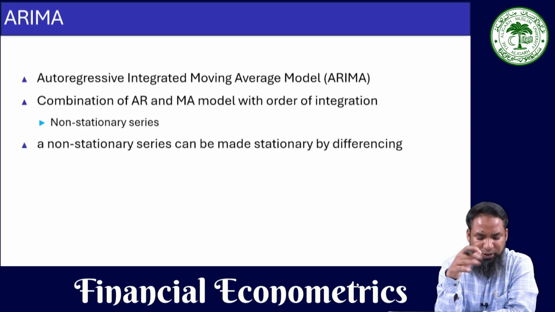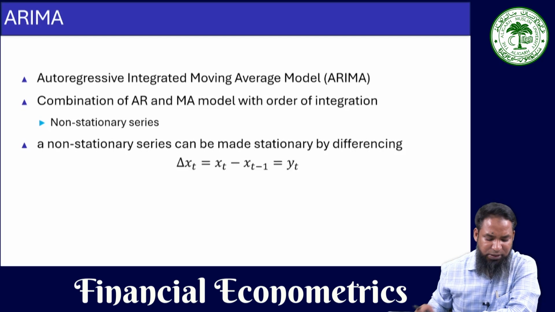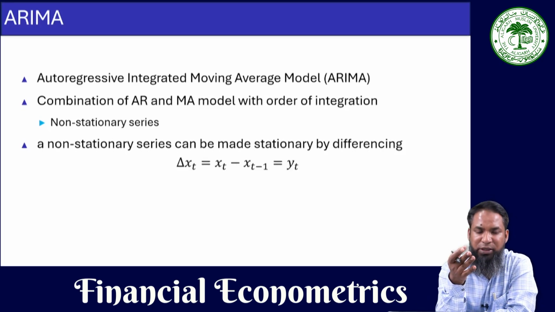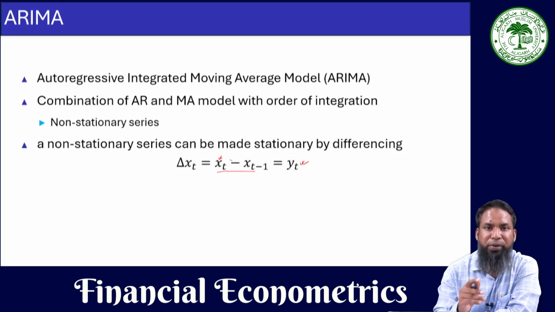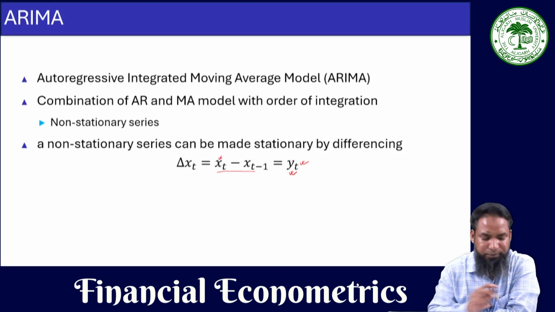A non-stationary series can be made stationary by differencing. Let us say xt is a non-stationary series; then we can difference it, and let us assume that is yt. So the non-stationary series was xt, we have differenced it to make it stationary, and we name that series yt.